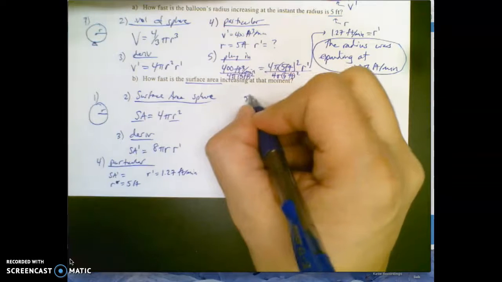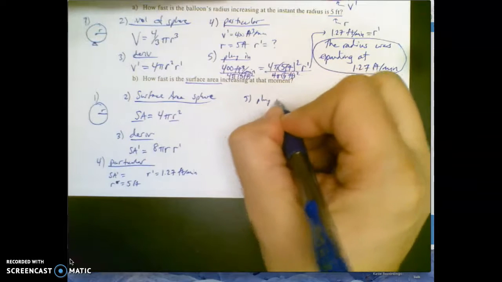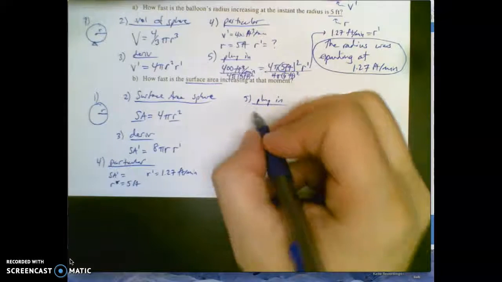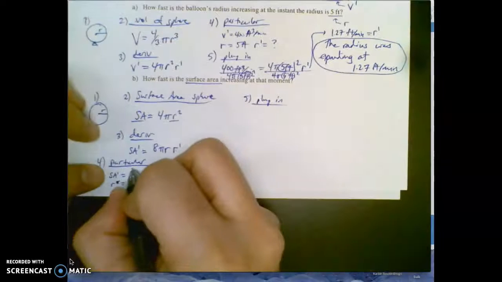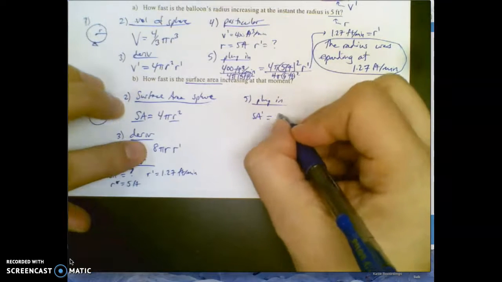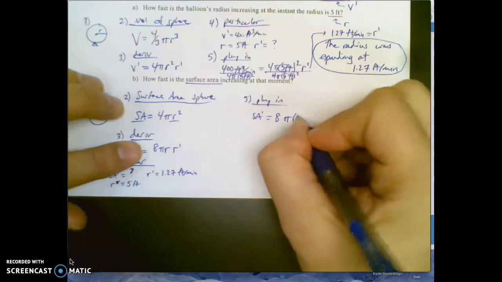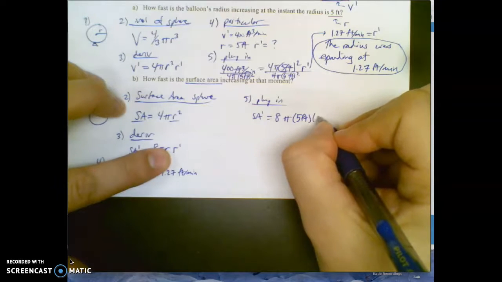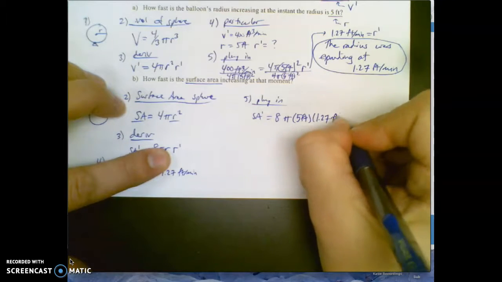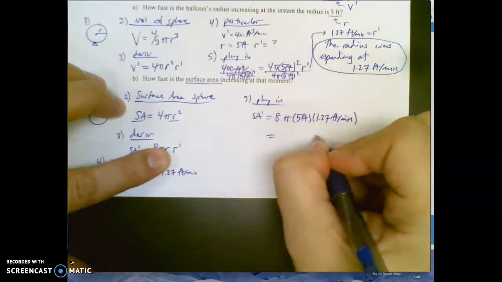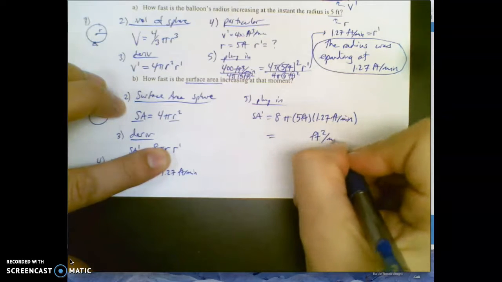And then number 5 is plug in. In that one, we don't know SA prime. We do know 8 pi, 5 feet, and r prime is 1.27 feet per minute. If I multiply those units, I'll get feet squared per minute.